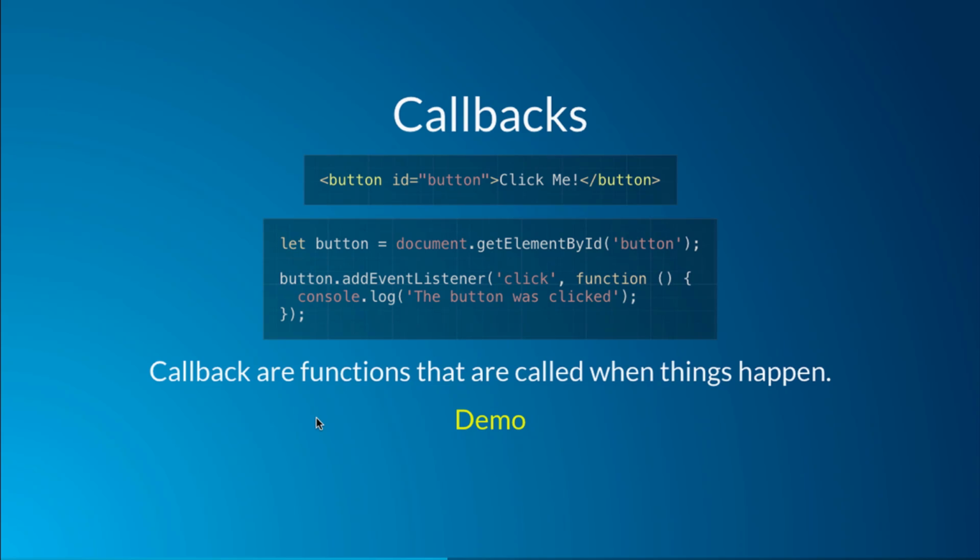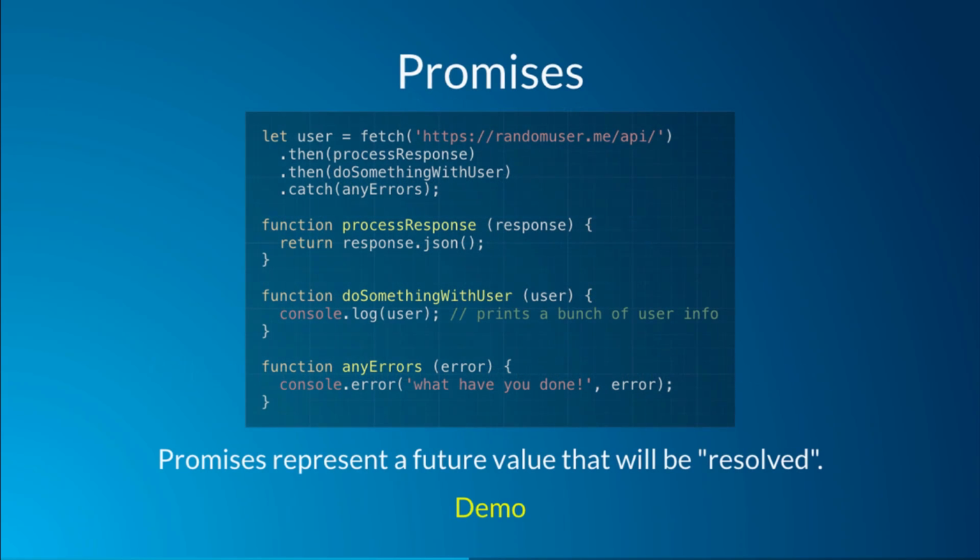Eventually, it started to get really difficult to manage, and there were all sorts of tutorials about how to deal with that. And eventually, a lot of smart people got together and they came up with this thing called promises. Instead of a callback, a promise represents a value in the future. That value is going to resolve at some point and supply you with a value.